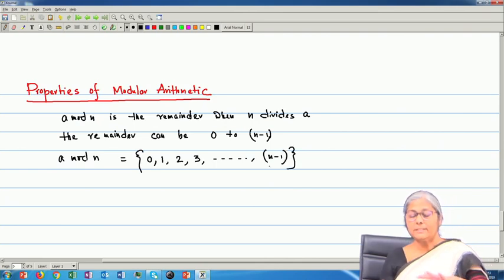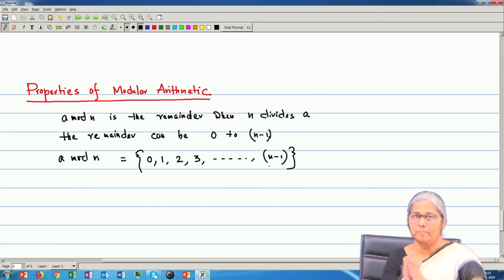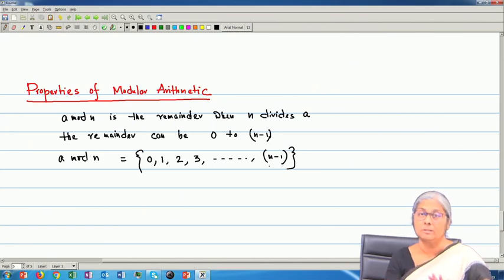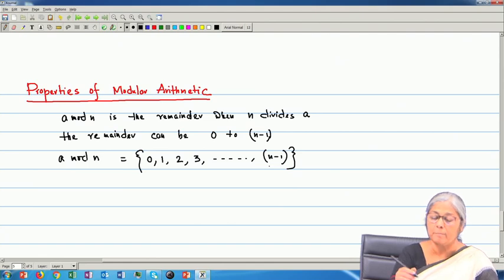Now, we will see some arithmetic that works on this set only, whether our ordinary addition, subtraction, division or multiplication works in a similar way on this set, because in modular arithmetic, A mod n can be only the set of elements from 0 to n minus 1.